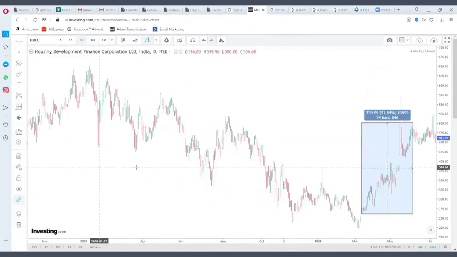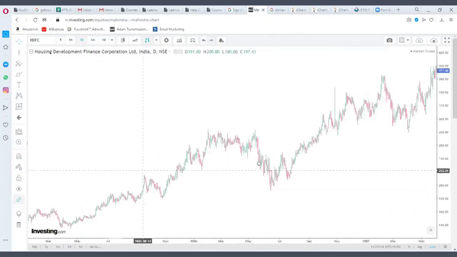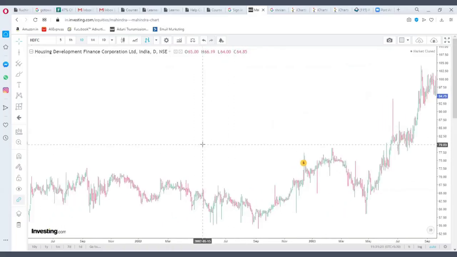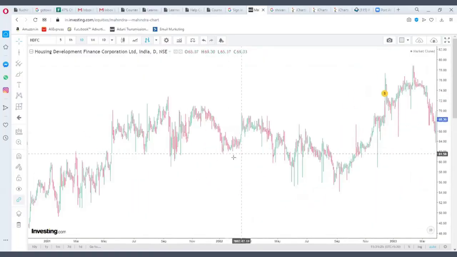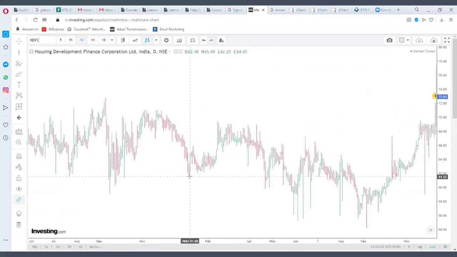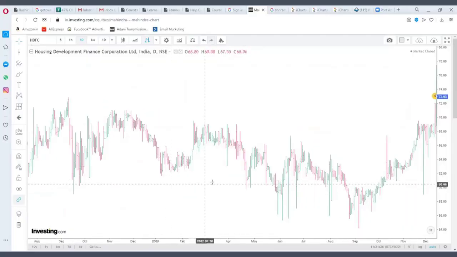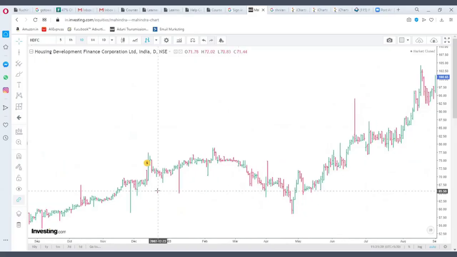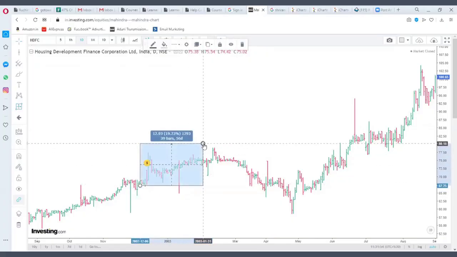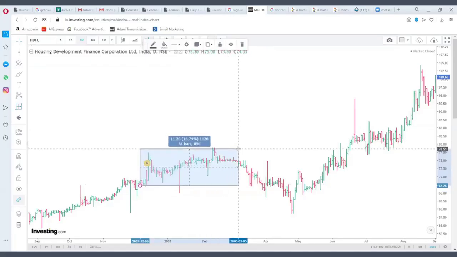So let's go to 7th or 8th of December 2002. Somewhere around 6th or 7th of December, inside our 90 days frame, we see that this cycle has given like 17%.